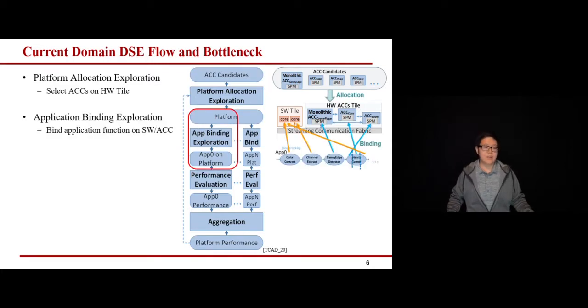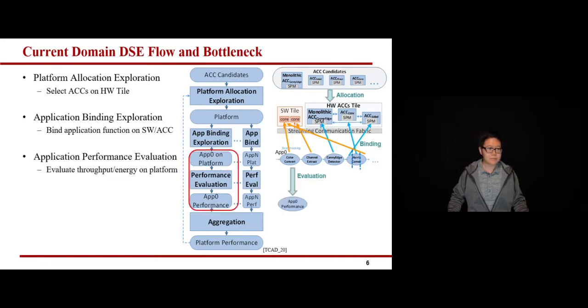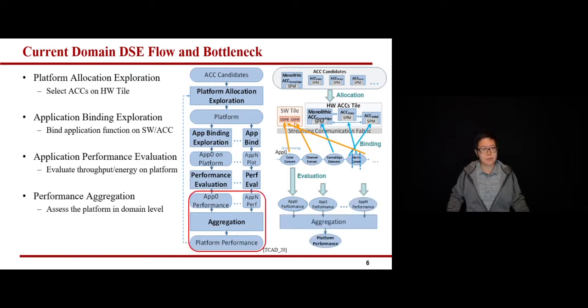Then for each platform allocation, it needs to bind the application onto it to explore how the application functions are bound to the software part or the hardware part. After obtaining a specific binding, it needs to evaluate the application performance on this platform. And at the last step, it needs to aggregate multiple application performances to obtain the platform performance at the domain level.